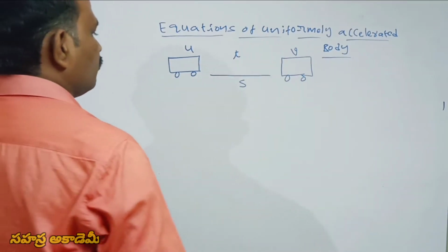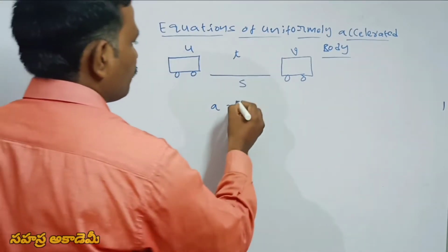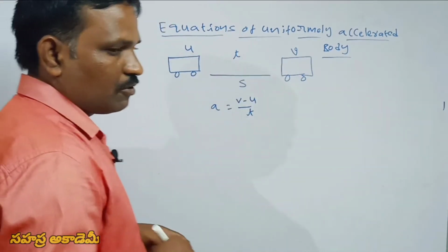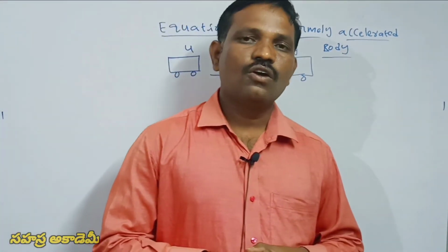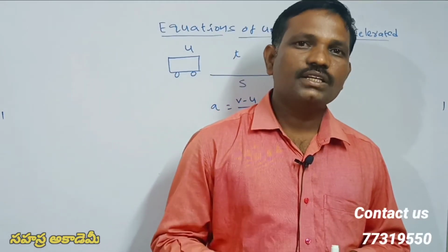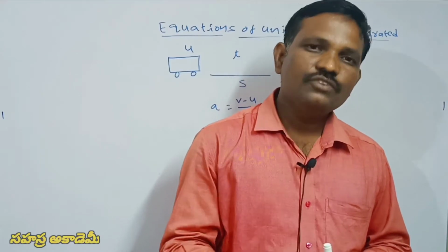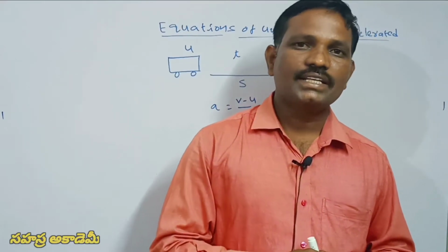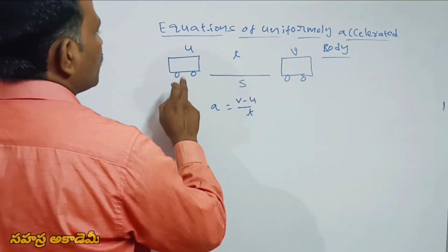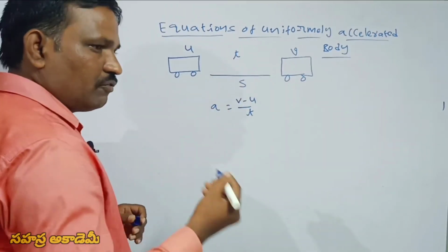Now the acceleration of the object a is equal to v minus u by t. From the definition, acceleration is the change in velocity. For example, suppose I am starting a bike.